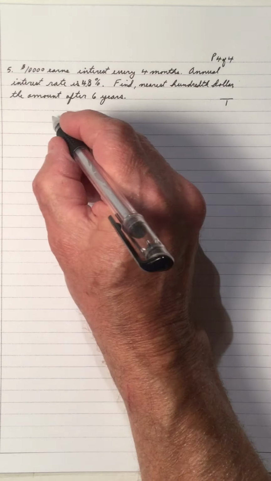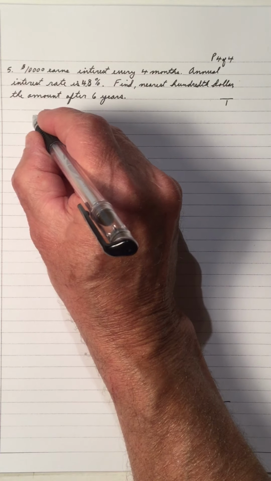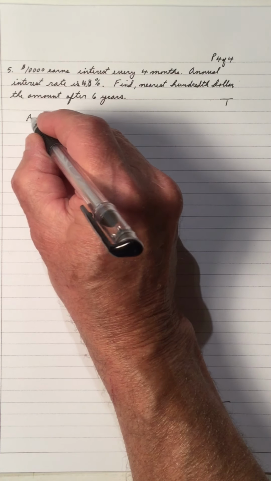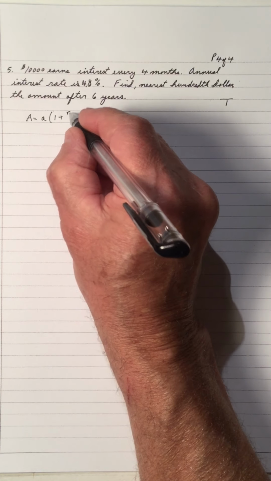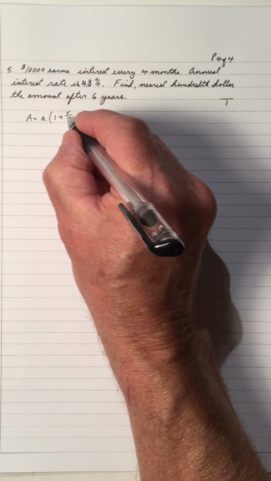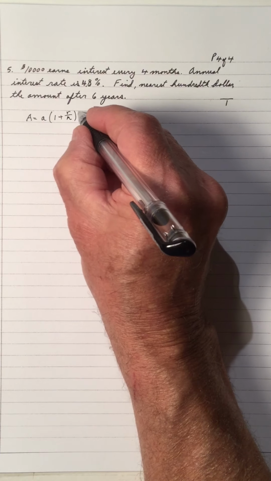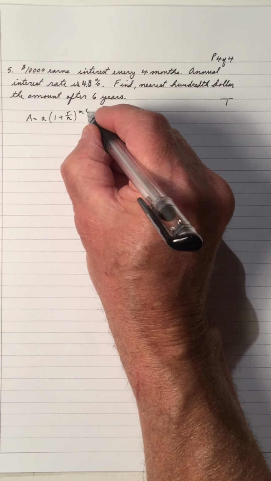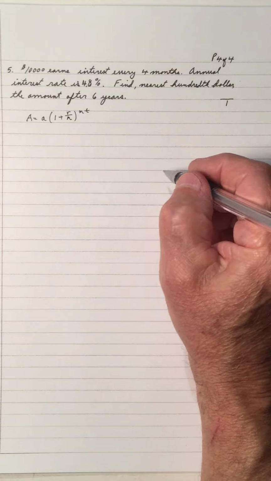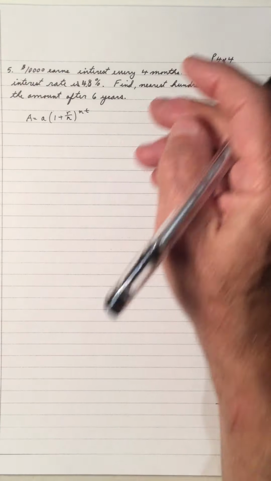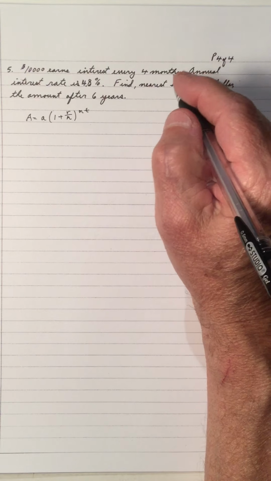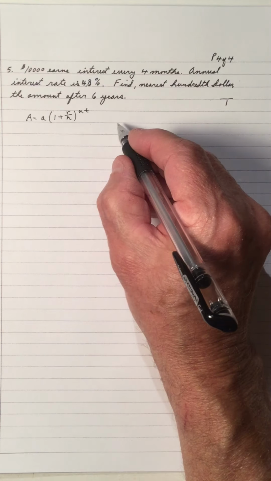So that means that normally the equation that we know, A equals P, 1 plus R divided by N, as an N, and N times T. So that's the equation when it's compounded semi-annually, quarterly, daily, weekly, etc.